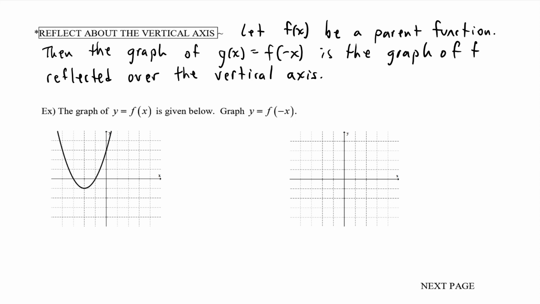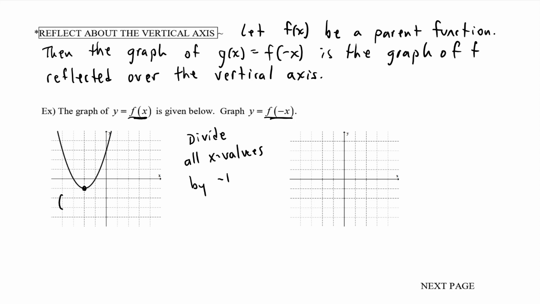So notice, instead of f of x, it's f of -x. So once again, x has been replaced by something, in this case, -x. Well, just like before, we have a number times x, so we're going to handle it the same way. We're going to divide all x values by -1. So let's try it.